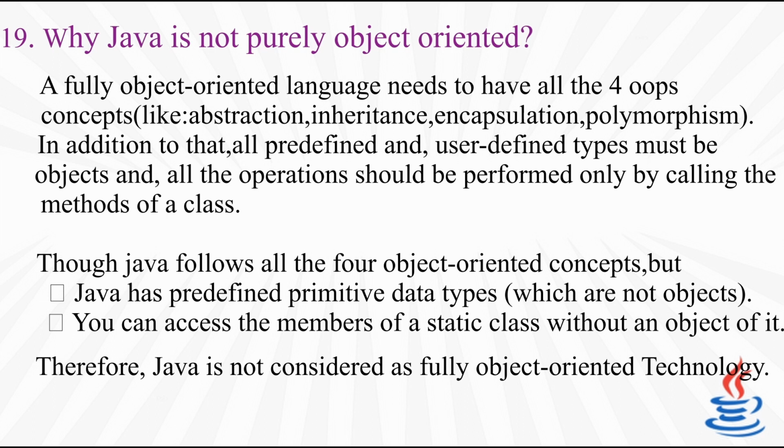Though Java follows all four object-oriented concepts, Java has predefined primitive data types which are not objects, and you can access the members of a static class without creating an object of it. Therefore, Java is not considered a fully object-oriented technology.